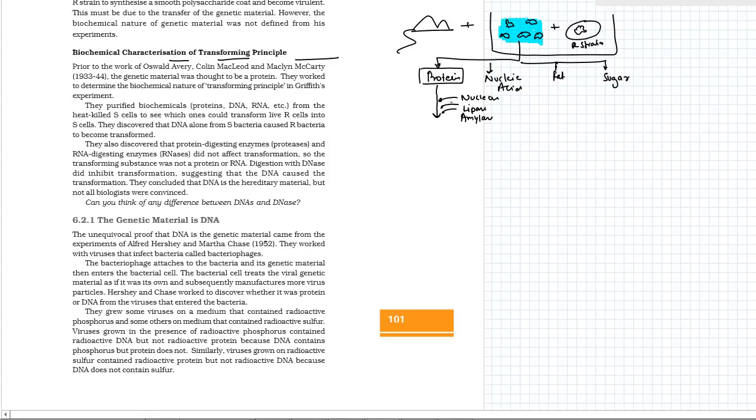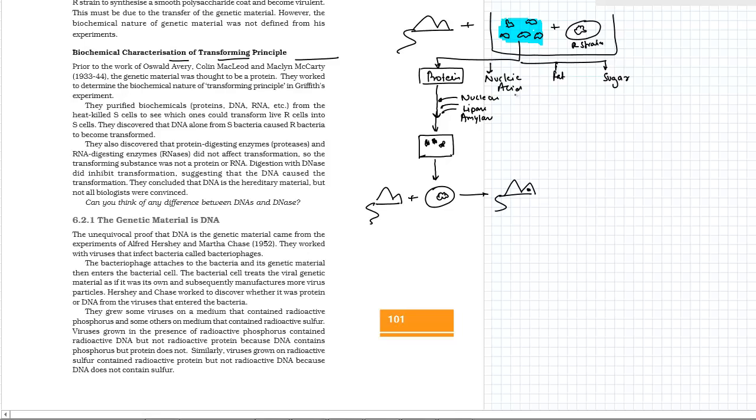So all these things they added, but not the protease. So that cocktail only had protein intact inside it, all other things were not intact. So what they found out, that in this one particular condition, the R strain remained R strain, okay. And the mice did not die, actually he lived. So this was the mice happily living.